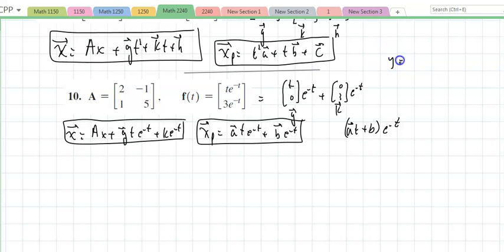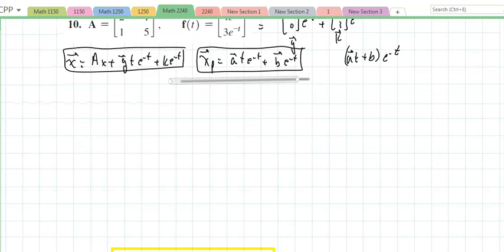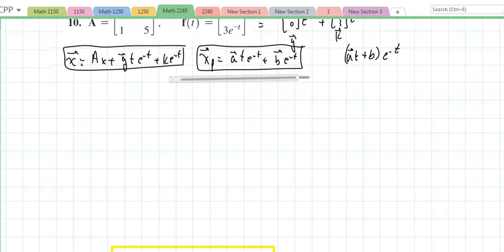If I told you that we have y double prime plus y prime plus 3y equal t e to the negative t, wouldn't you say the particular is AT plus B times e to the negative t? So we're doing the same thing. Nothing new. I do want to set up one more problem for you.